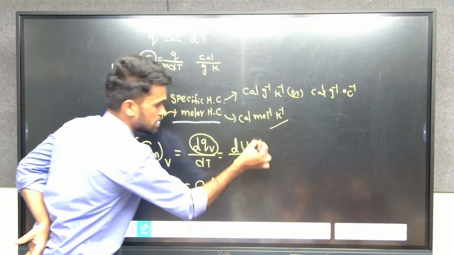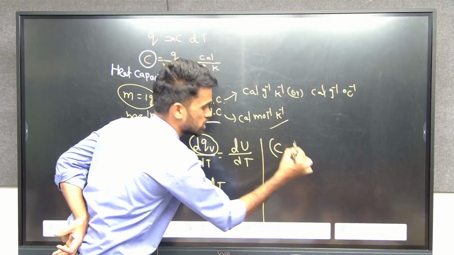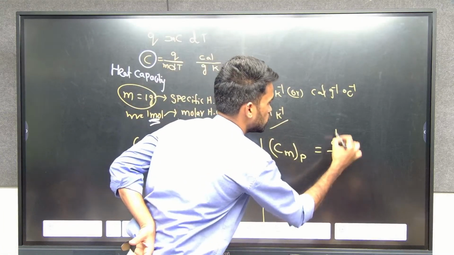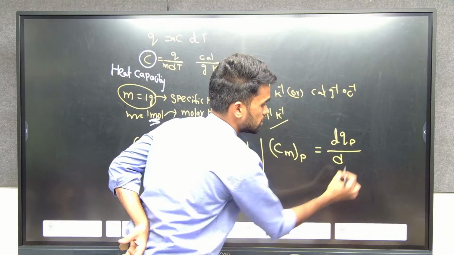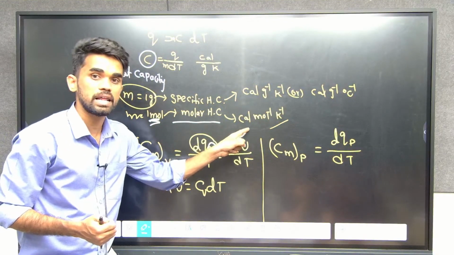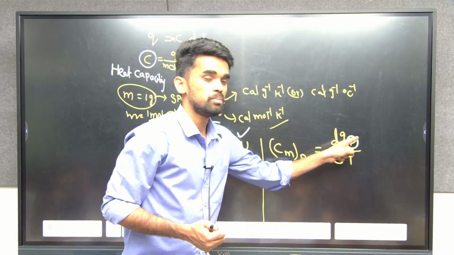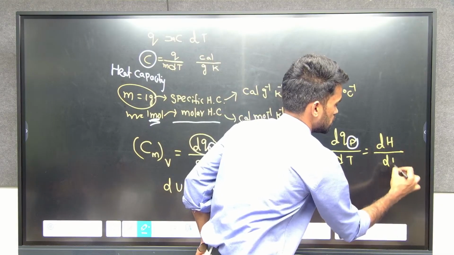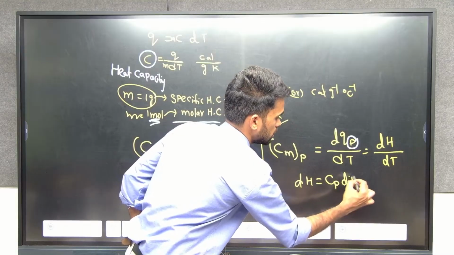Similarly, if molar heat capacity is measured at constant pressure, you should write it as dQp by dT. Molar heat capacity measured at constant volume gives internal energy. Molar heat capacity measured at constant pressure gives enthalpy, delta H. So dH equals Cp dT.